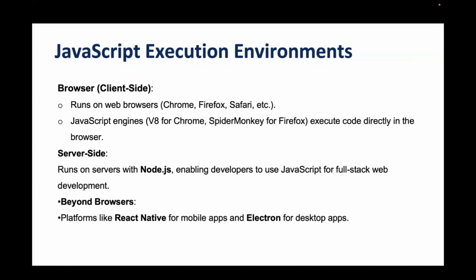And on the server side, JavaScript is able to run there because of a runtime environment system called Node.js. Node.js is not a programming language. Most people confuse it as a programming language. This is a runtime environment, an environment set to run JavaScript outside the browser, not in the browser.